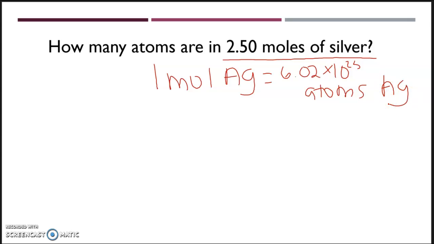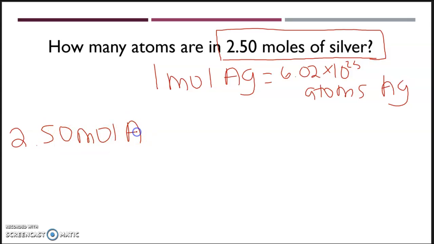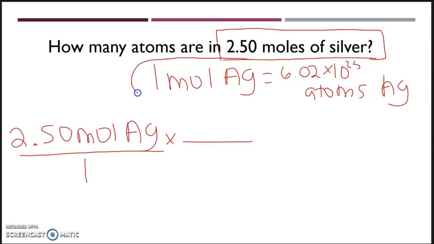So there's my conversion. We start our dimensional analysis with our given, 2.5 moles. I have moles, and you can write a 1 underneath this if you want. So I'm going to use 1 mole of silver at the bottom. That cancels out moles of silver.